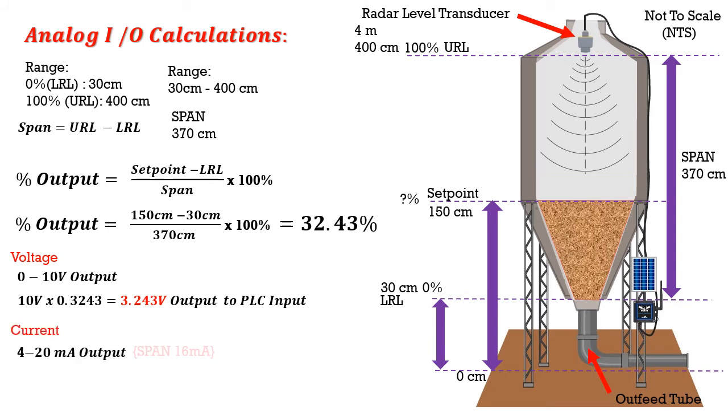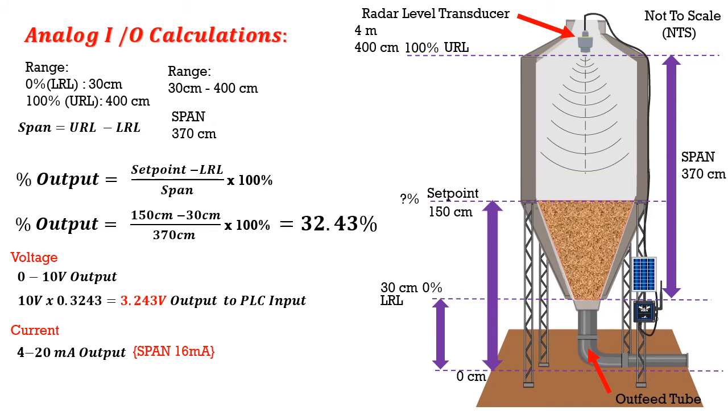But what if we were looking at current? We have a 4 to 20 milliamp output from the transducer. Well, that current has a span of 16 milliamps because there's a 16 milliamp gap between the start of 4, which is 0%, to 20, which is our maximum, or 100%.